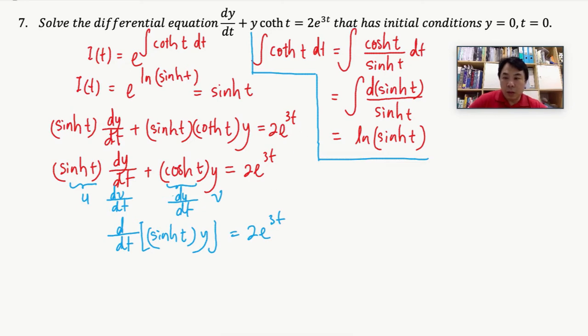So let me make the correction. There should be a sinh t here. That's where I missed out. Sorry about that. Let me put that in. So now we are okay. It's always good to check. So that's one way to pick up a mistake.